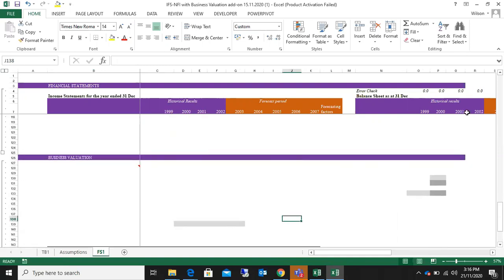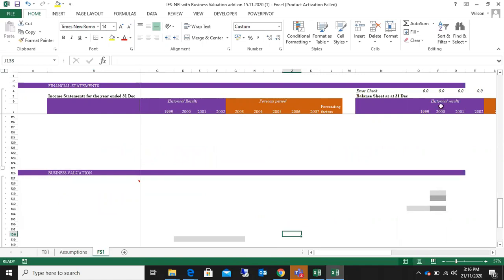The first thing is, why do we need to value a business? We need to value a business for several reasons. Number one, when there is a merger and acquisition deal, we need to determine the value of the merging company.